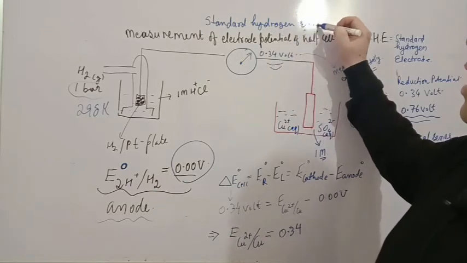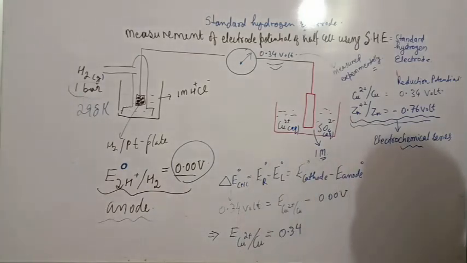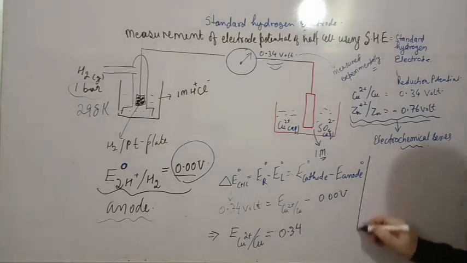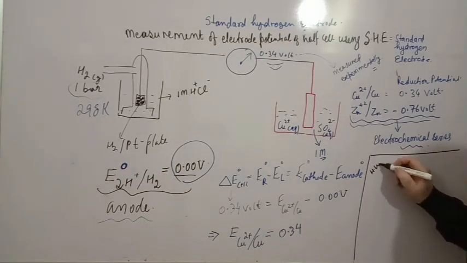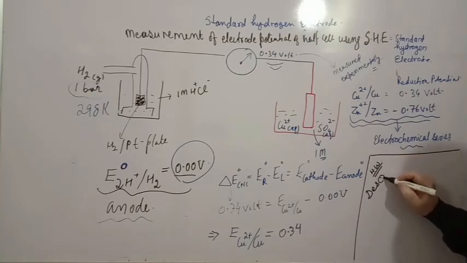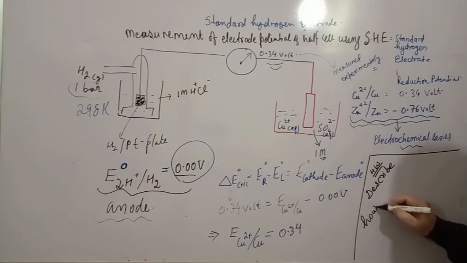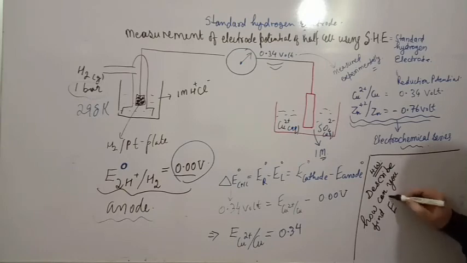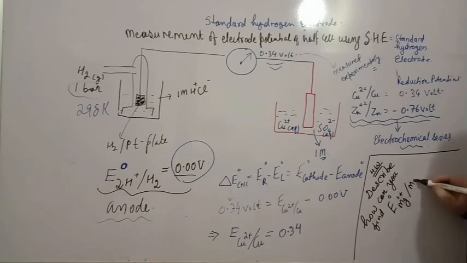And its application. A small question for you to practice: if I ask you to describe how you can find the standard reduction potential of Mg2+/Mg, what do you have to do?